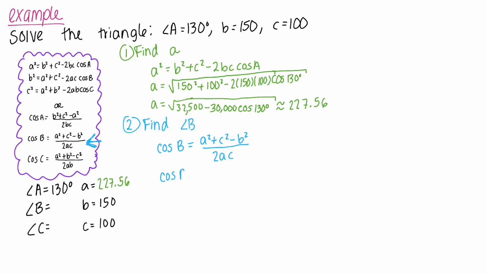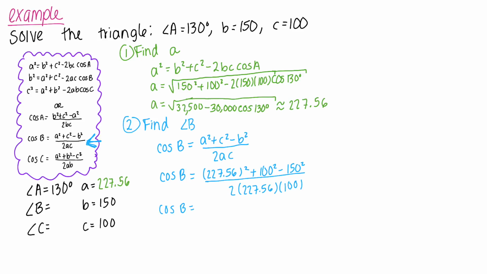So cosine B is equal to, this is going to be kind of messy, right? 227.56 squared plus 100 squared minus 150 squared, all over 2 times 227.56 times C, which is 100. And I'm going to plug that in and simplify.